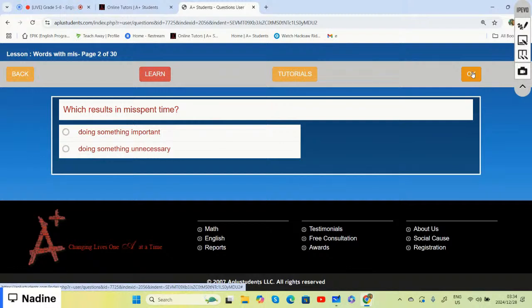Option 1, is it doing something important, or option 2, doing something unnecessary?